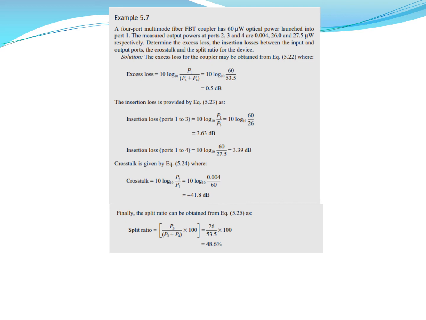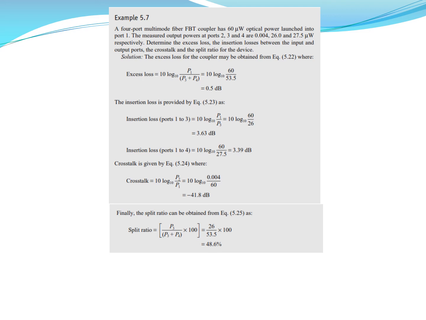P1 is 60 microwatt, which is the input power through port 1, and the output powers are the sum of the powers in port 3 and port 4. So P3 power is 26, P4 power is 27.5 microwatt. If I add, I will get 53.5 microwatt. So that results in an excess loss of 0.5 dB.